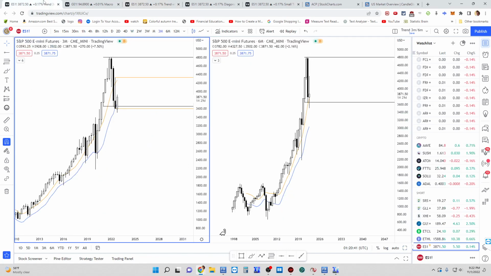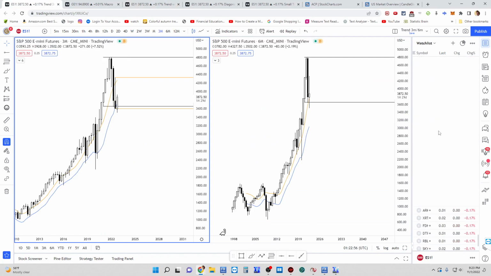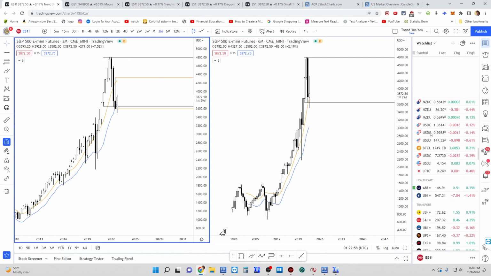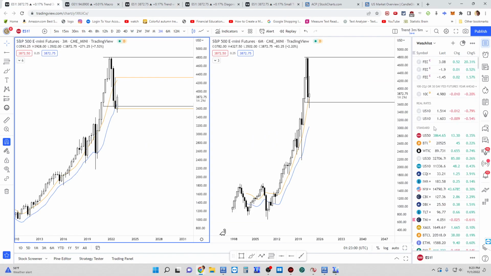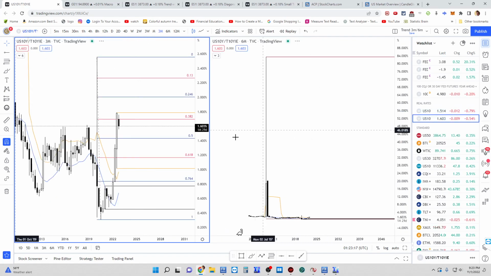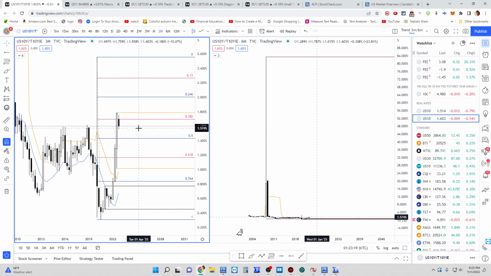So, fundamentally, we went through the Fed funds and the whole rate hike issue, and then real rates. Real rates have to do with gold, and this is suggesting it broke out on the quarterly, and it's retesting where it broke out.